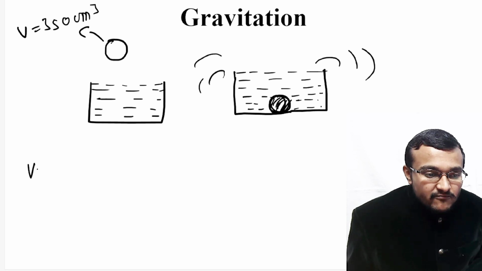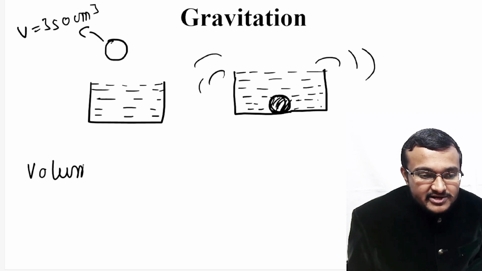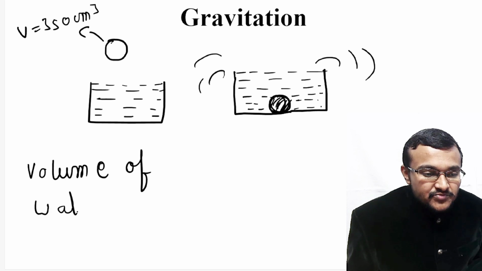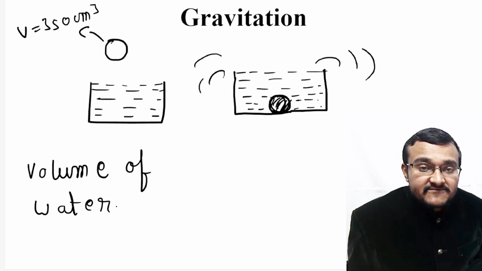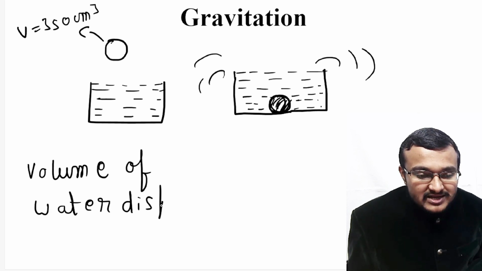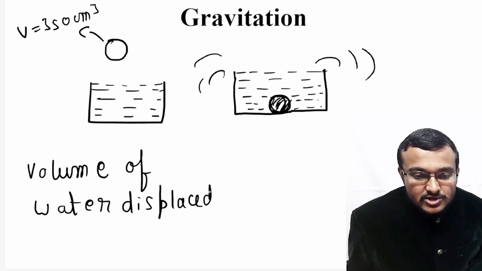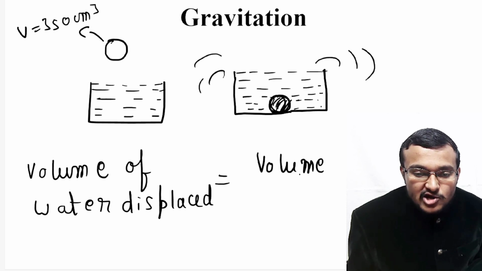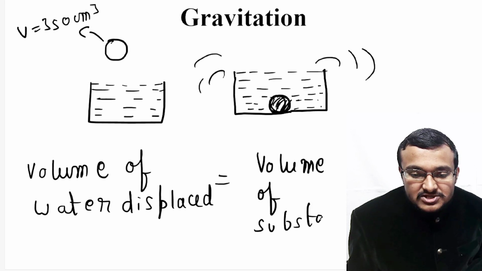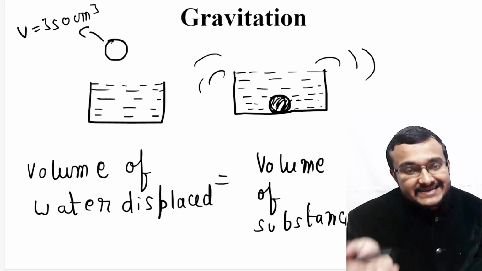So now the volume of water flown out, or volume of water displaced, is equal to the volume of the substance. Whatever the volume of the substance is, that will be equal to the volume of water displaced.